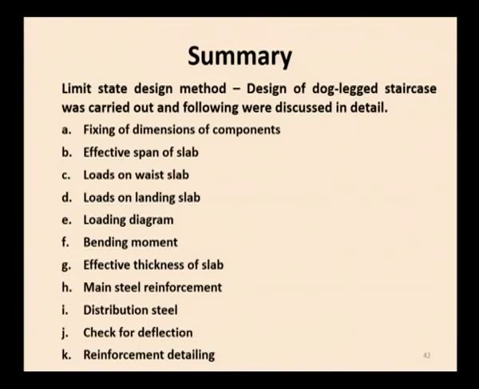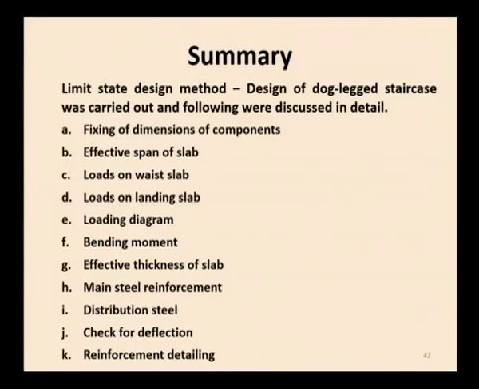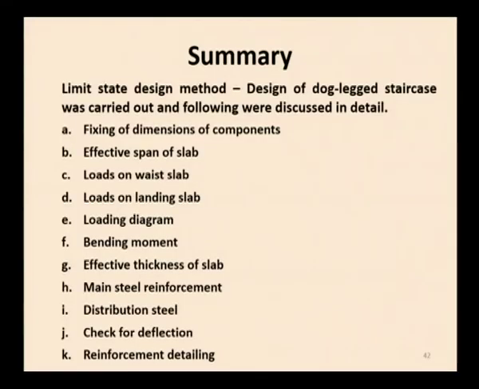By drawing the loading diagram, we have found the bending moment. Using the bending moment, we have found the thickness of the slab as well as the reinforcement required for it. In the case of the dog-legged staircase, we have found 2 different reinforcements, one is main steel, another one is distribution steel. Finally, we have checked the thickness of the slab, which was found against the bending moment, against the serviceability condition also, that is deflection. And also we have seen the reinforcement detailing.